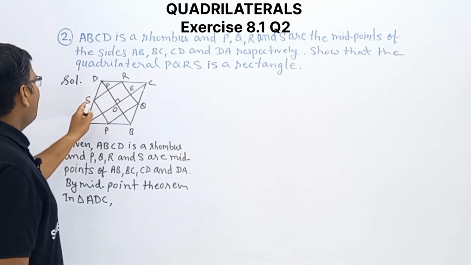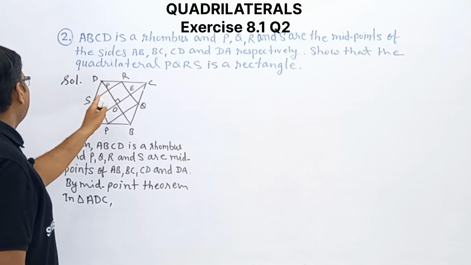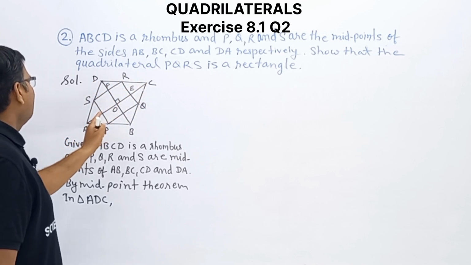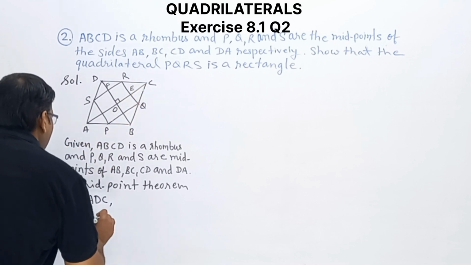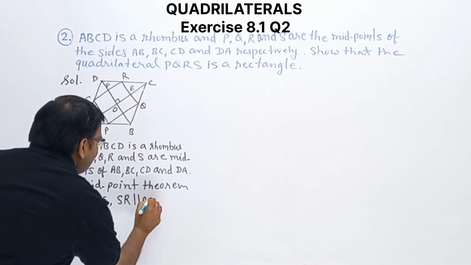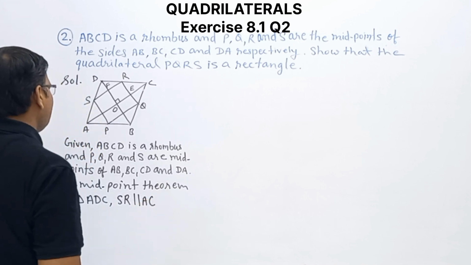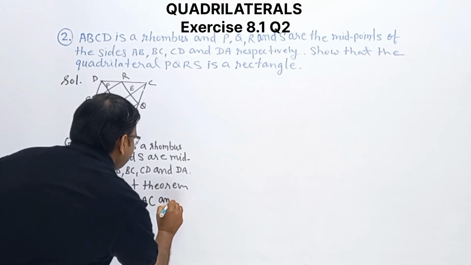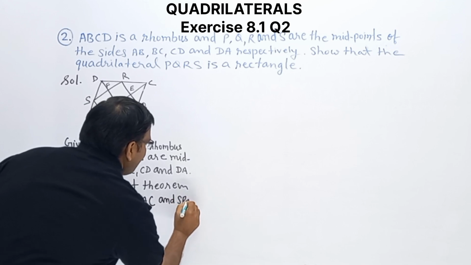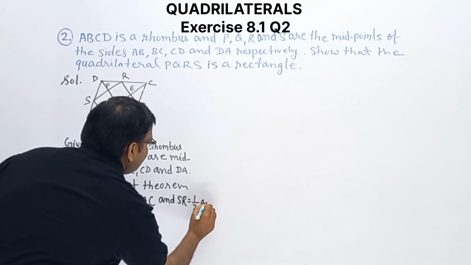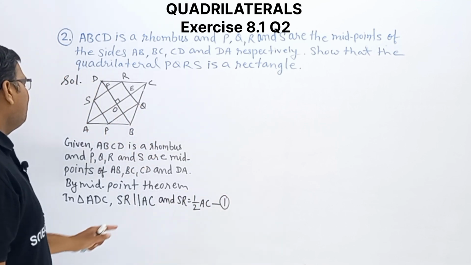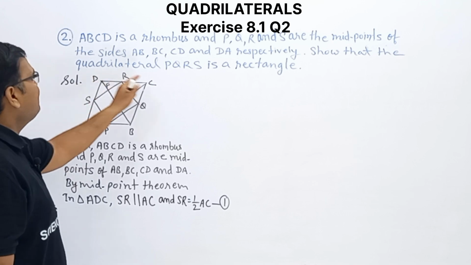S and R are midpoints of these two sides. So SR is parallel to AC, and SR equals half of AC. This is the midpoint theorem for triangle ADC.